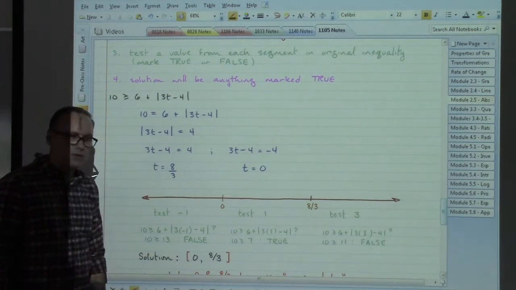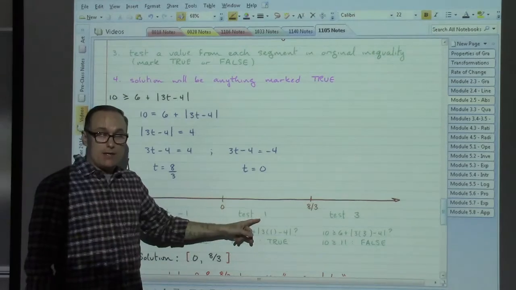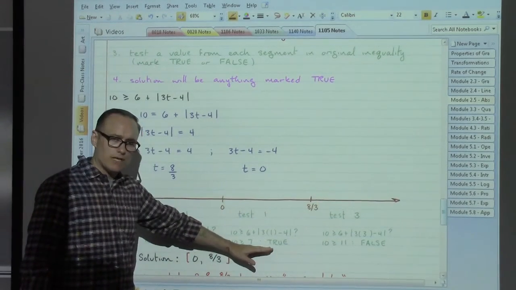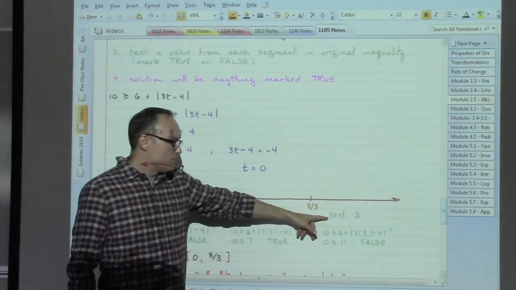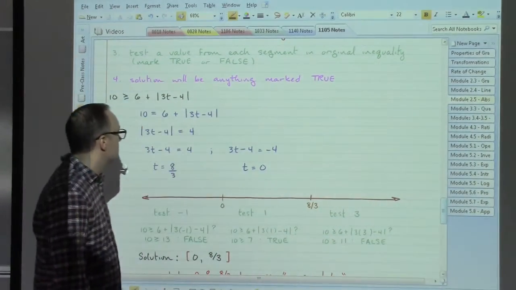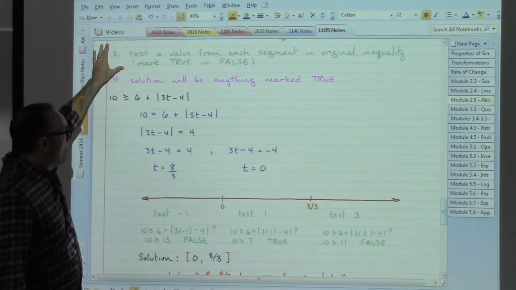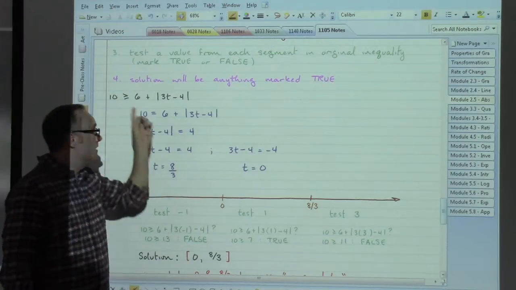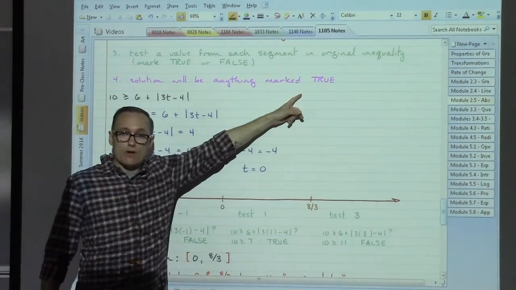That's false. Try t equals 1. Test that out. That's going to work out to be true. Try out t equals 3. That's going to work out to be false. However that third step works out, what we are interested in is only what's marked true.